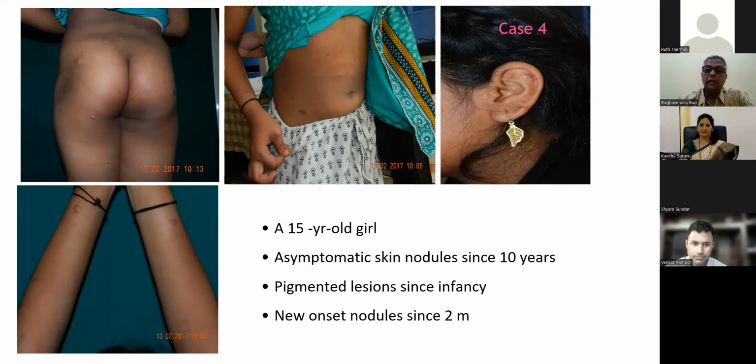This makes it more challenging because both neurofibromatosis and lepromatous leprosy can present with nodular lesions. Both can present with hypopigmented lesions, though it is more common in leprosy compared to neurofibromatosis. But classically, neurofibromatosis will have multiple cafe-au-lait macules.